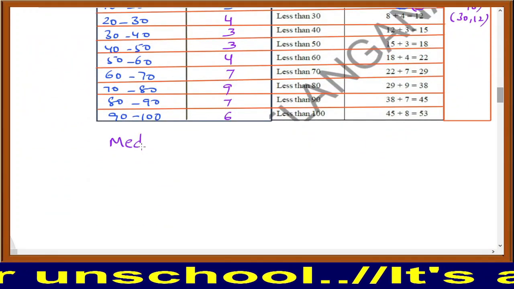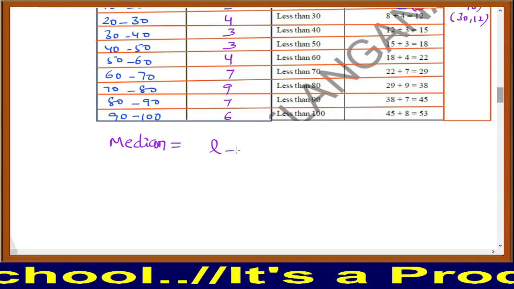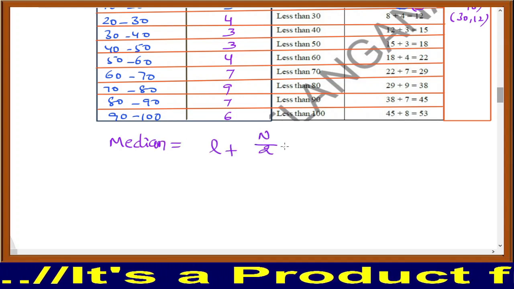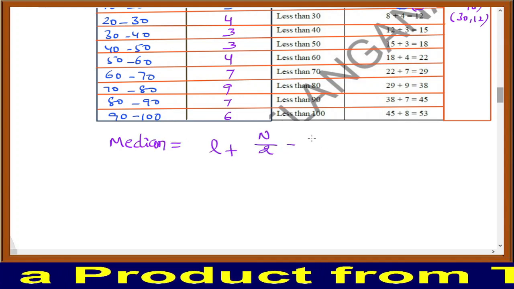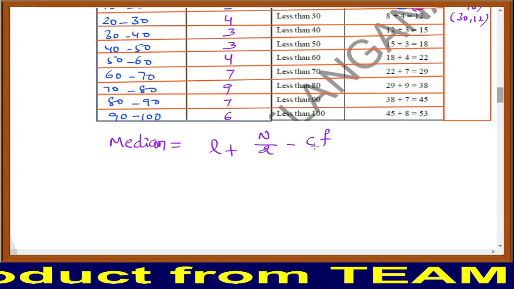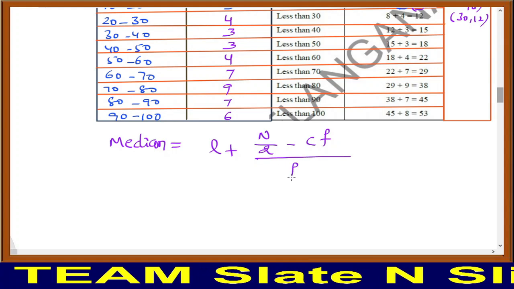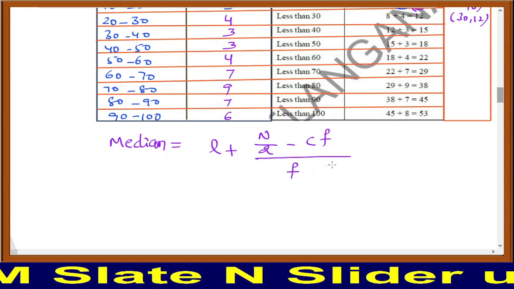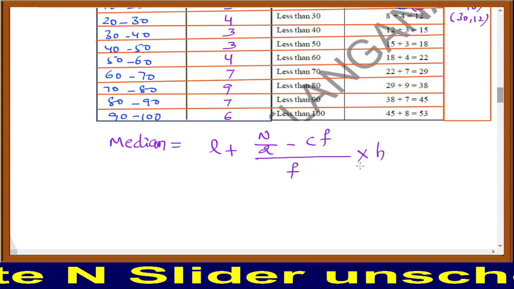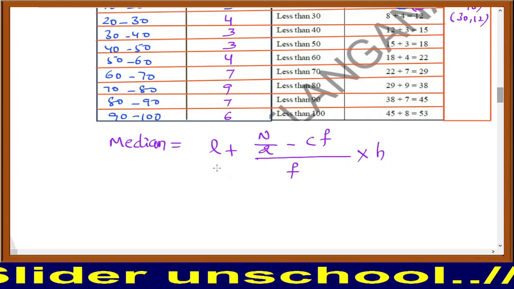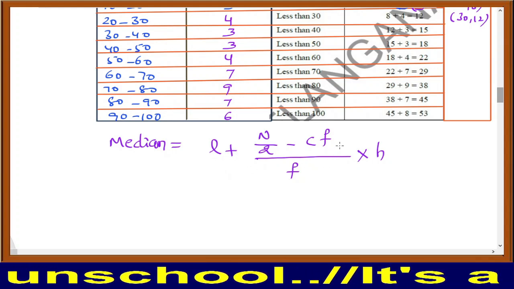So median is equal to L plus, half n by 2 minus the cumulative frequency of the preceding class of the median class, divided by the frequency of the median class, into height of the class interval. This is the formula. So L means lower boundary of the median class. Like this we can find.